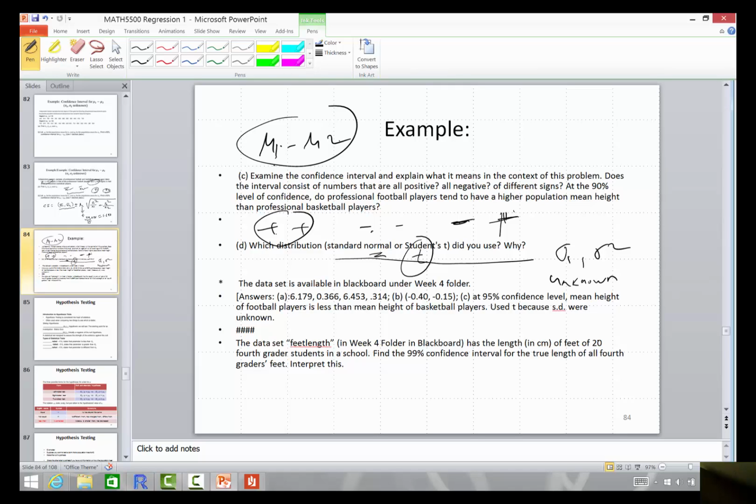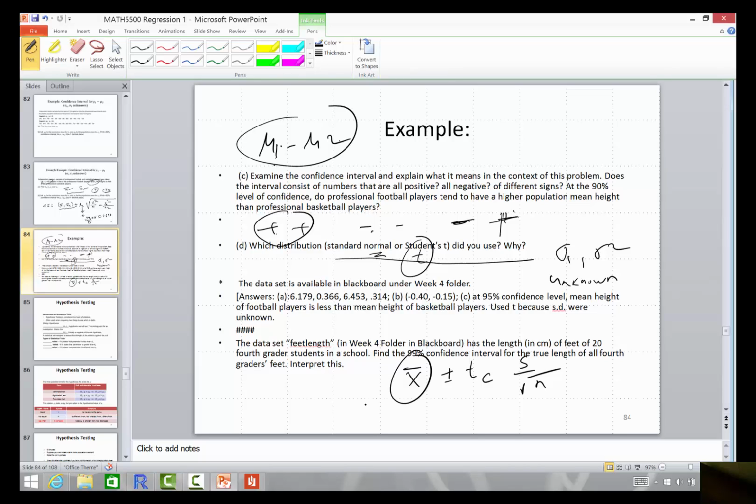We have 20 kids, so you need to find the 99% confidence interval for the true length of all fourth graders' feet. Interpret this. You need to find the confidence interval and then do the interpretation. Finding the confidence interval, in this case the formula will be x bar plus minus t critical times s divided by square root of n.